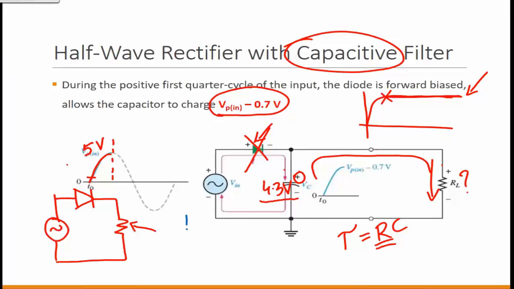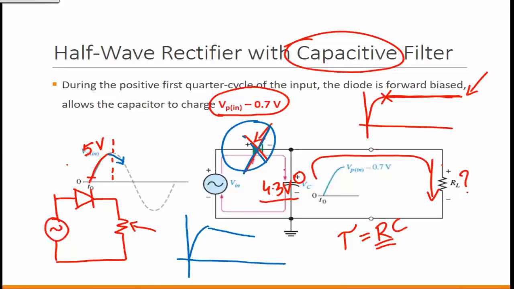What will happen is, once the capacitor charges to that 4.3, when the input signal starts going down, the diode will reverse bias, but the capacitor will start to discharge towards the load resistance until the diode becomes forward biased again, which will not happen until the next positive half cycle for a half wave rectifier. Is that correct?